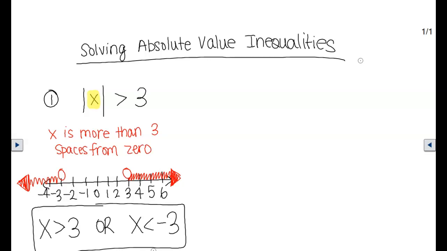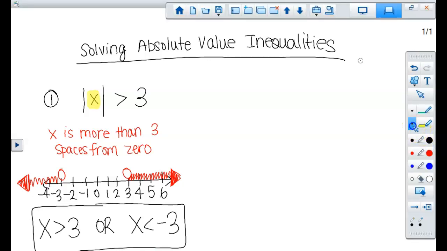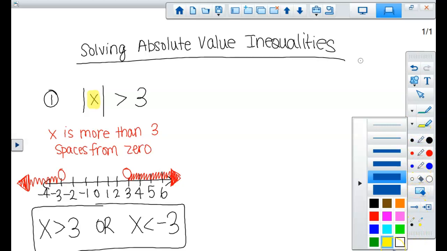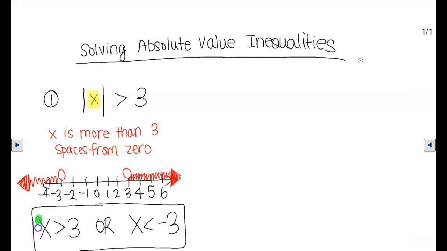Now, I want to point out something to you here. And I'm going to point this out several times as we go through these examples, because this is the pattern that you are going to see continually with absolute value inequalities. I want you to look at the positive case that we have written down here. Notice again how we have a positive case and we have a negative case, just like we did with the equations.